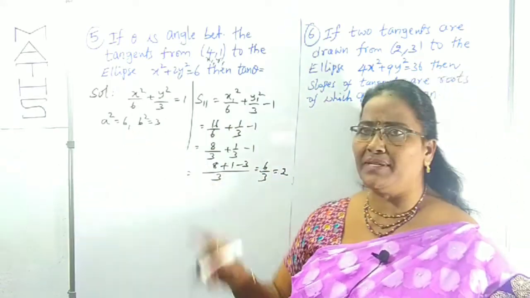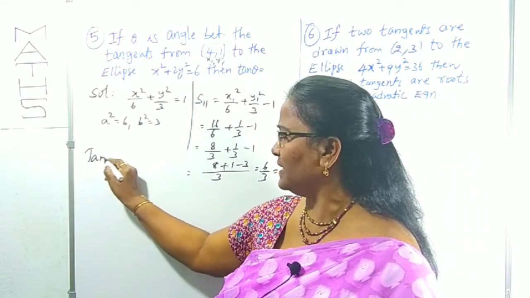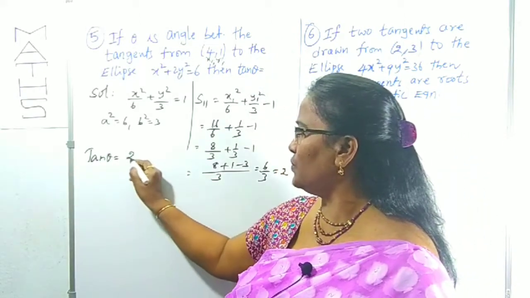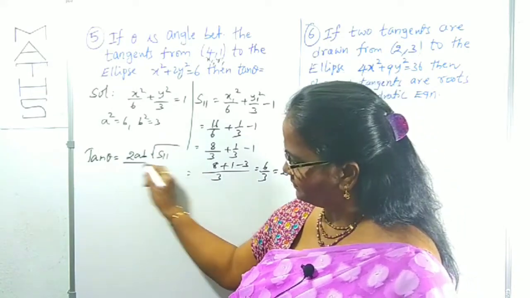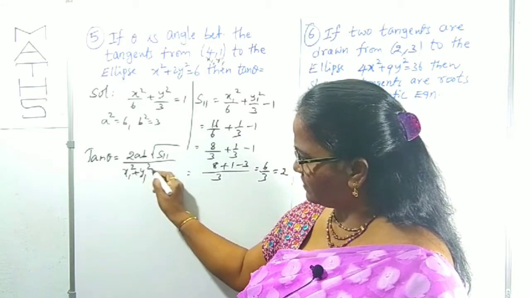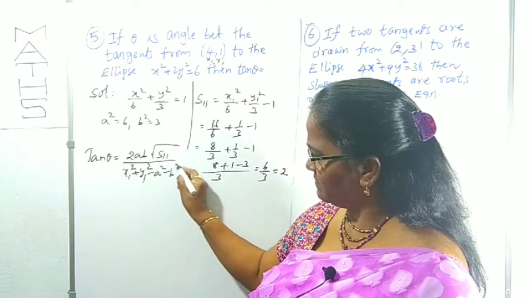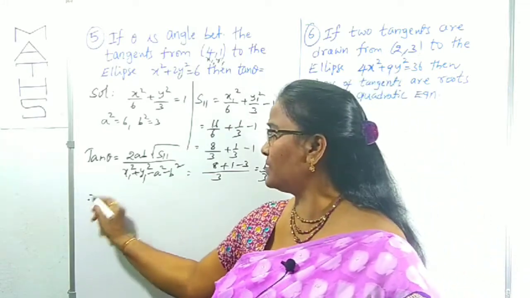You know the A square, B square results also. Now what is the tip I have given? Tan theta is 2AB under root S11 by x1 square plus y1 square minus A square minus B square. What is given, that you can use here. Substitute those results.